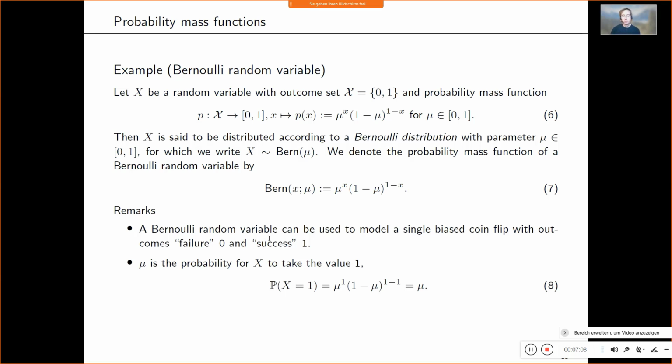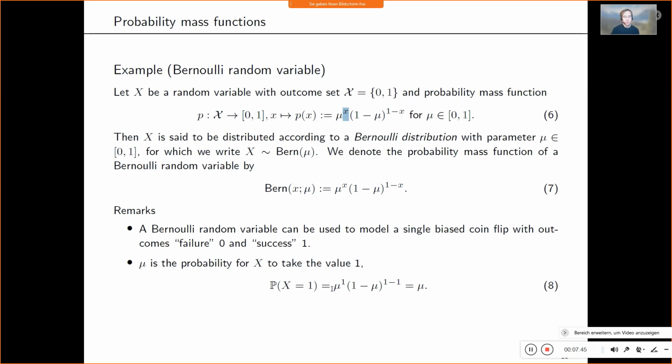Clearly you all have seen Bernoulli random variables. They can be used to model single biased coin flips or anything that has binary outcomes. Be aware that the outcomes of a Bernoulli random variable are zeros and ones, and not A and B or, I don't know, kangaroo and frog, because this probability mass function only works if x can only take on the value 0 and 1.